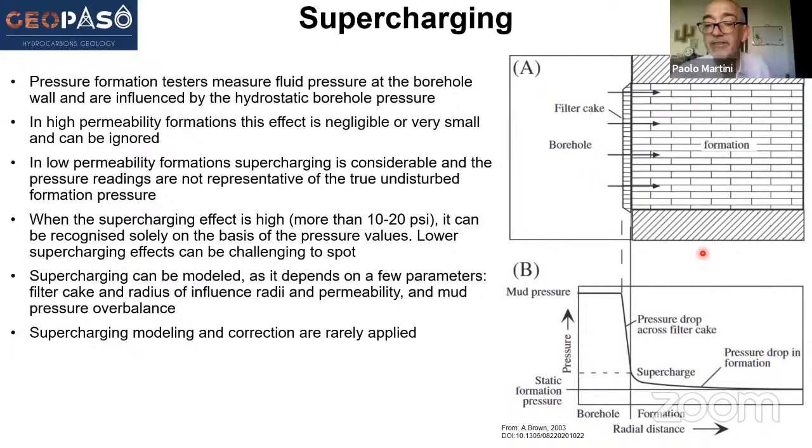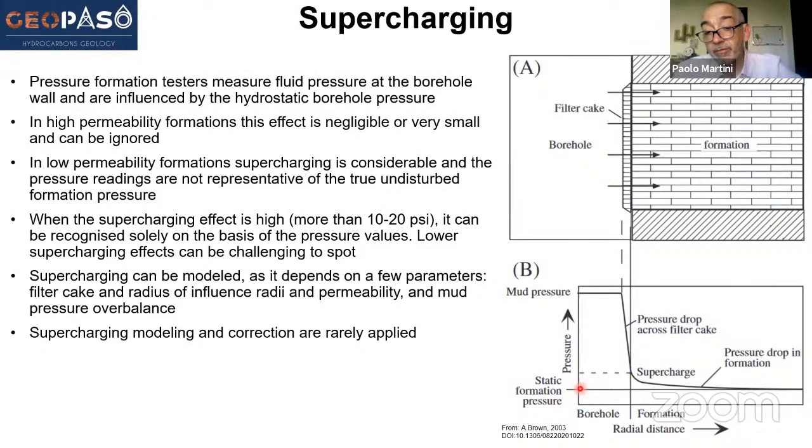It's slightly influenced by the hydrostatic mud pressure. If you see my pointer, that's the mud pressure. Then you get into the mud cake, and there's a big pressure drop because the permeability of the mud cake ideally is very, very low. Then you get into a low permeability formation.